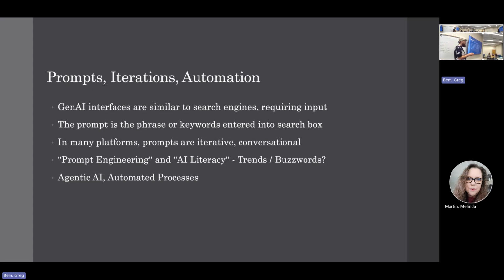The other aspect is that it can complete tasks over time or tasks that have multiple steps. I like to use the example of the travel agent. So you could create a GenAI powered bot, an agent that could solve your problem of designing a trip.